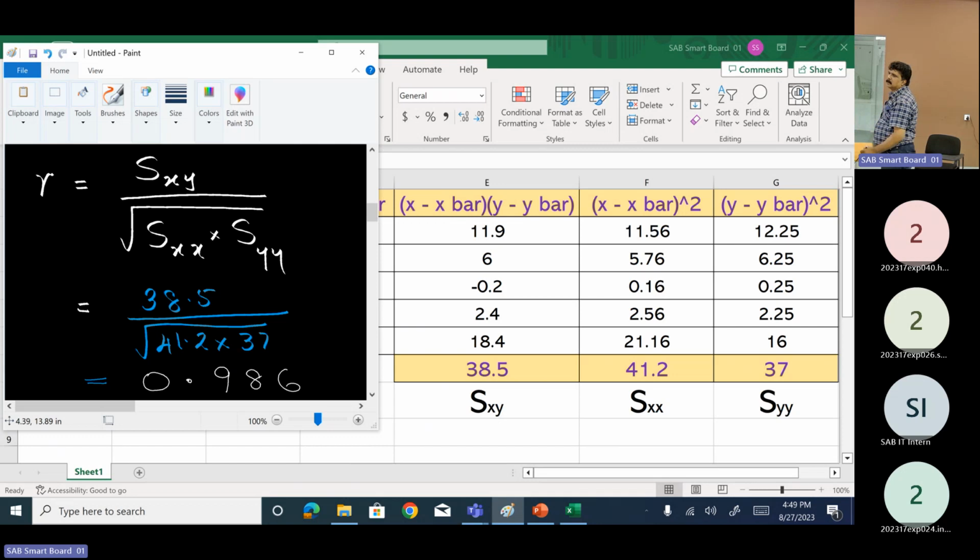So we give 3 decimal places, right? 3 decimal places properly rounded off. Answer.